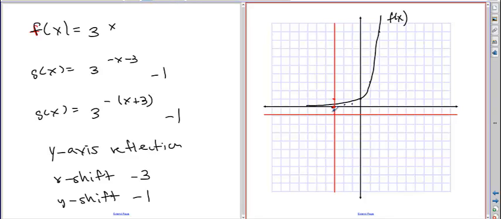Okay. So we'll go from the origin up 1, over 1 from the origin up 3, 1, 2, 3. Over from the origin 2 up 9. Then we go to 1/3, 1/9, and we get this exponential decay.